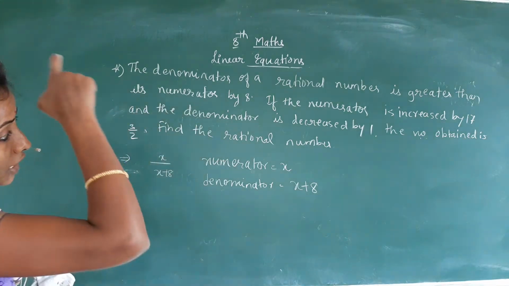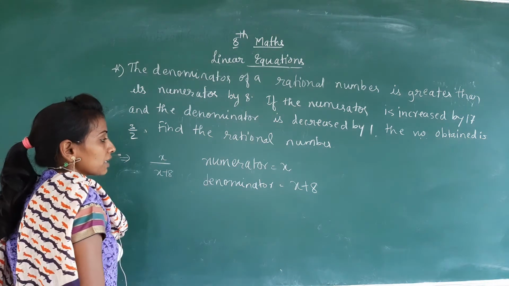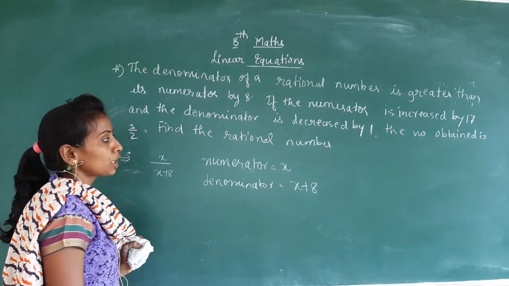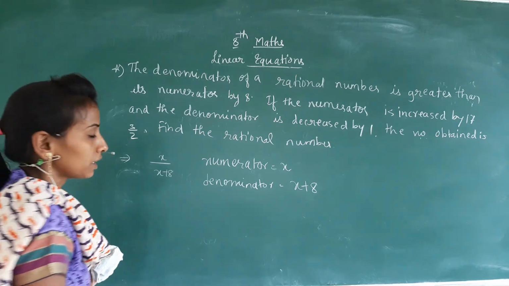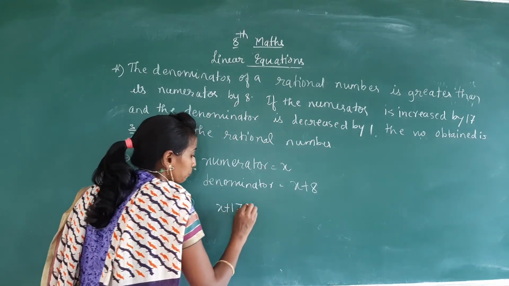Now next, if the numerator is increased by 17, it means we have to add 17 to the numerator. It becomes x plus 17.